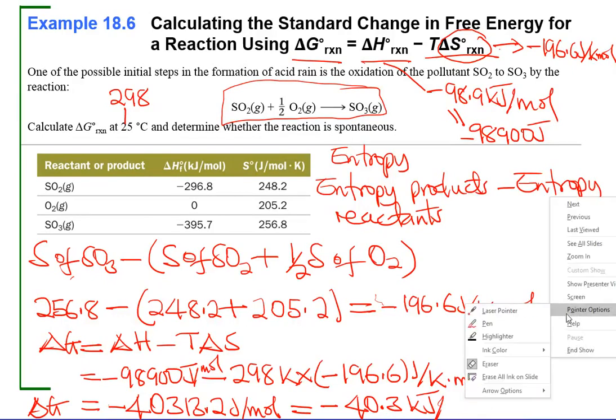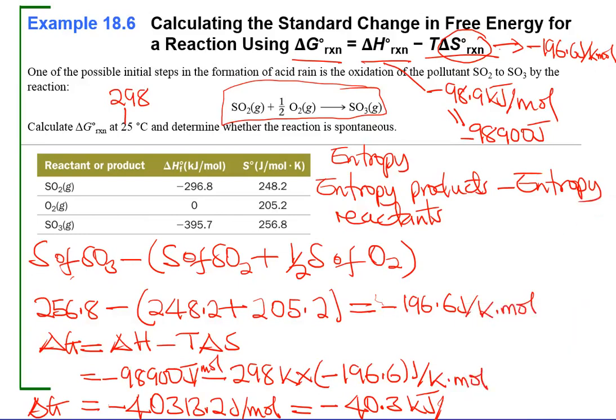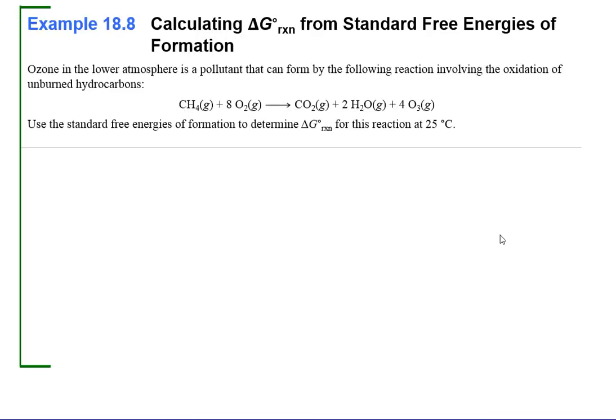But first, as I said, you need to divide the problem in two parts. You solve the enthalpy part, and then you solve the entropy part, and then you add them to give you the delta G. Let's go on.